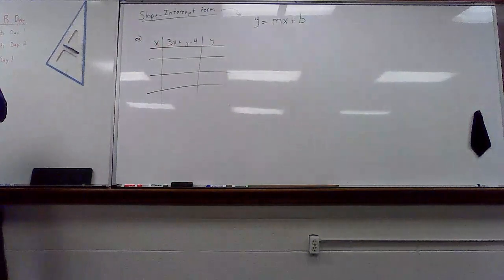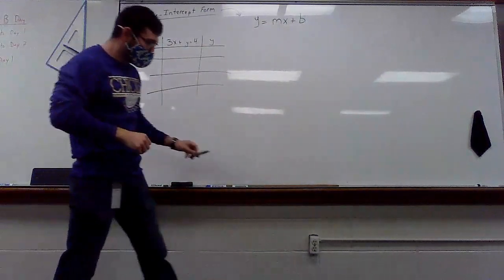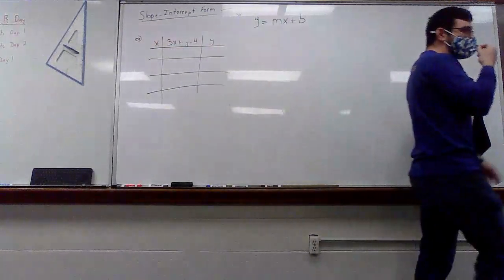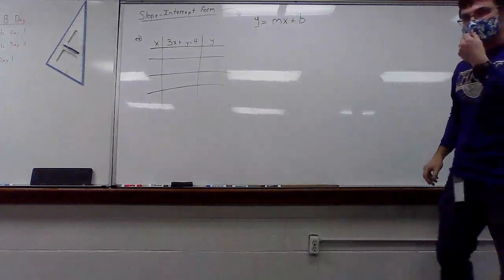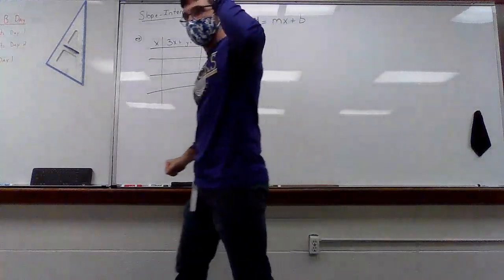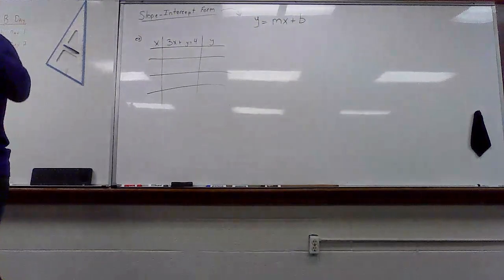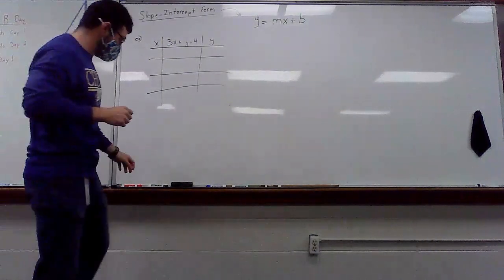If I say, what is the equation for slope-intercept form? You're immediately going to tell me y equals mx plus b. This equation tells me what the slope is and what the y-intercept is.